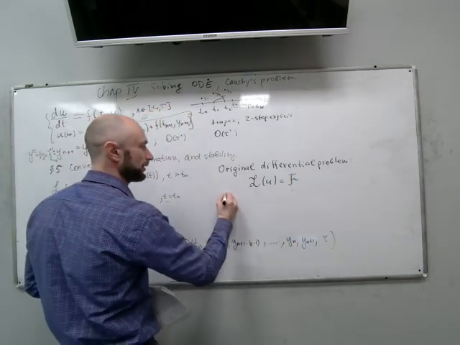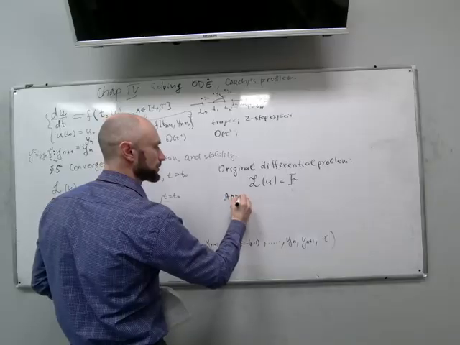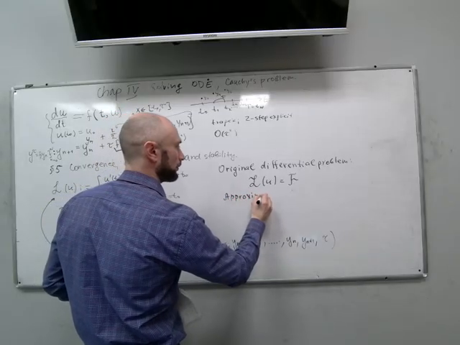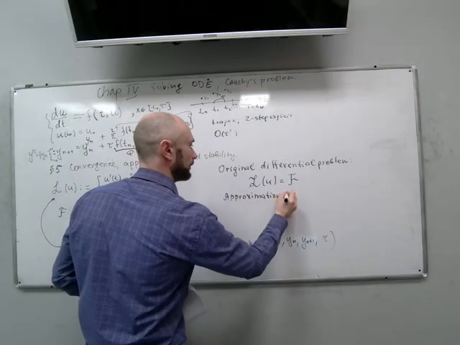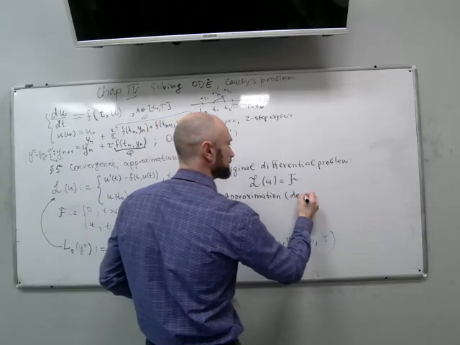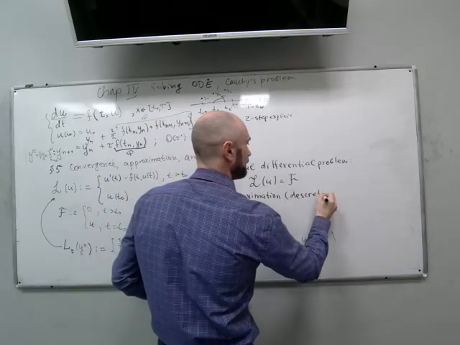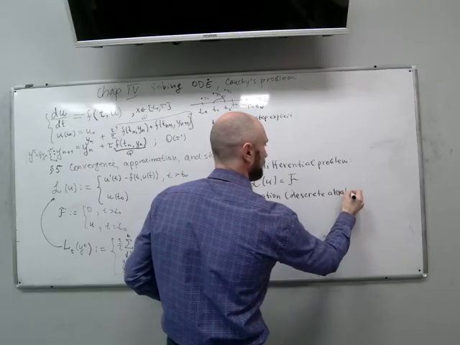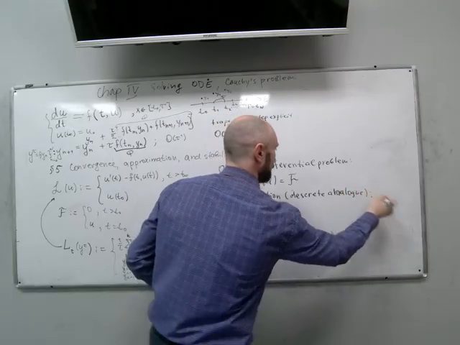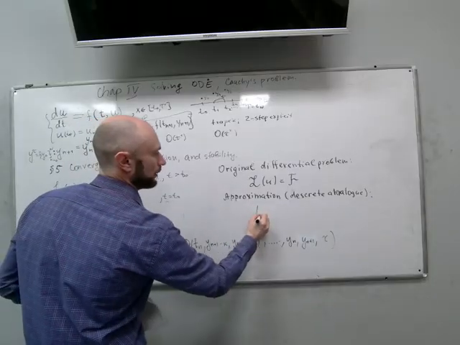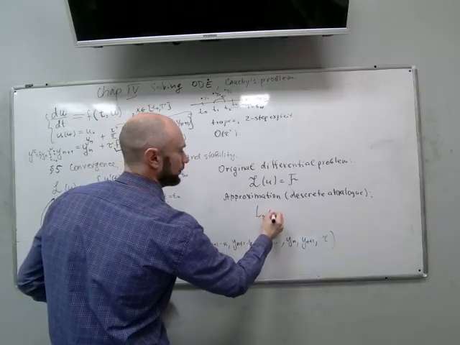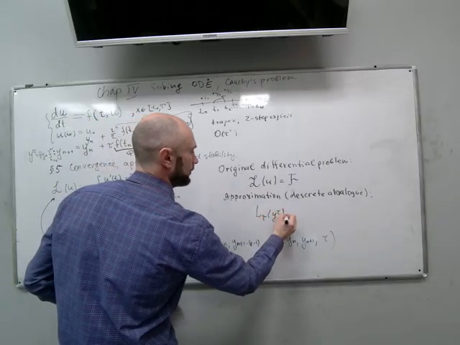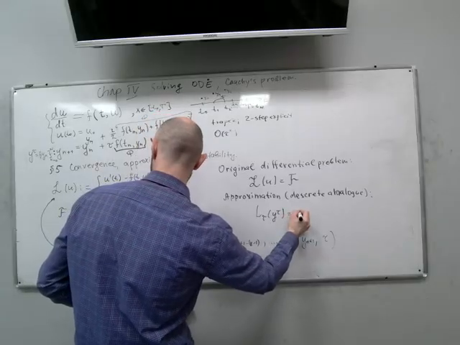And the second, the approximation to this problem, or discrete analog: L tau of y tau is equal to F tau.